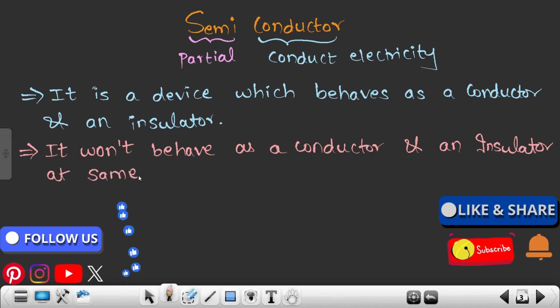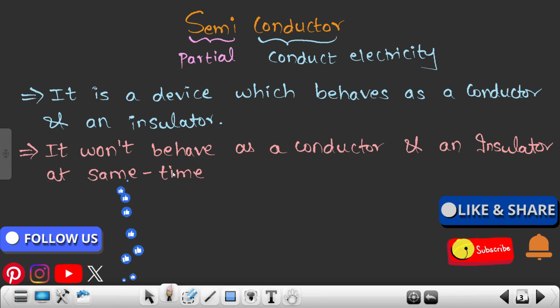What does that mean? At a given time you cannot operate a semiconductor as a conductor as well as an insulator. You can either operate the semiconductor as a conductor, or else you can operate it as an insulator.